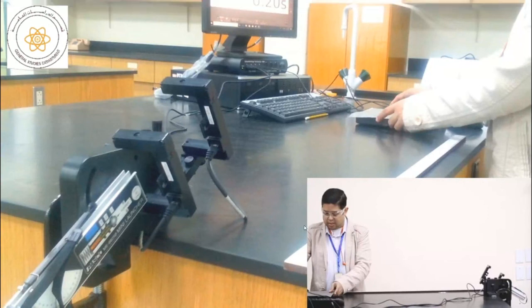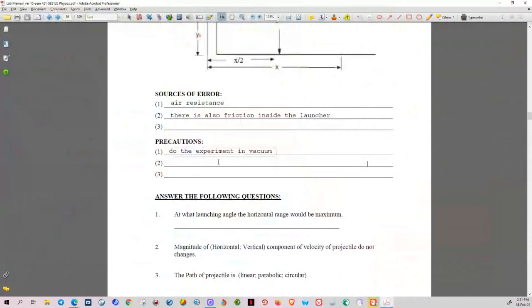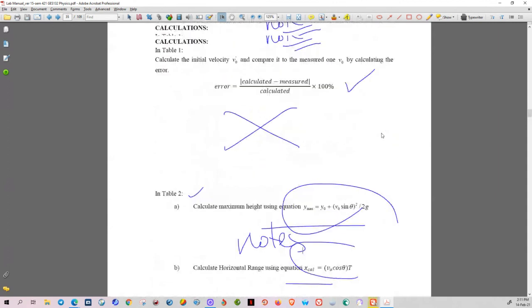So that's one other thing. What's the precaution for the friction inside the launcher? You have to reduce the friction in the launcher. How do we do that? By putting lubrication. What else is a source of error and precaution? Actually, in the book, just like the other experiments, you will find some precautions.